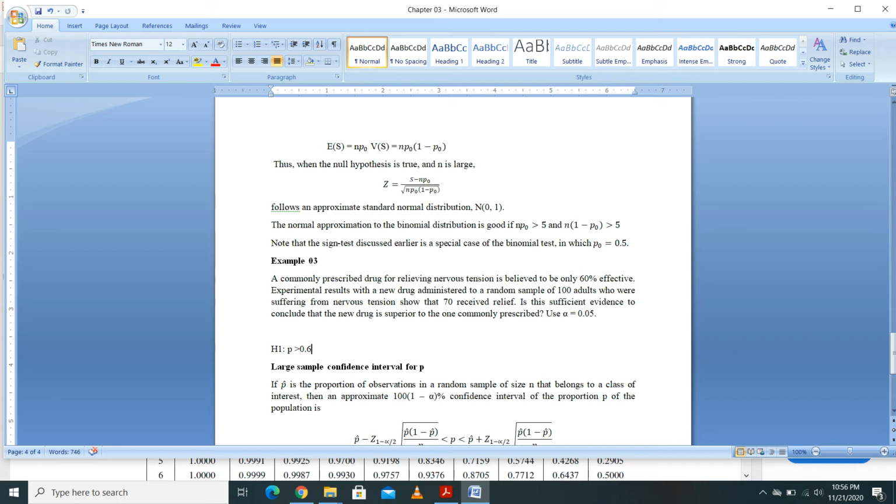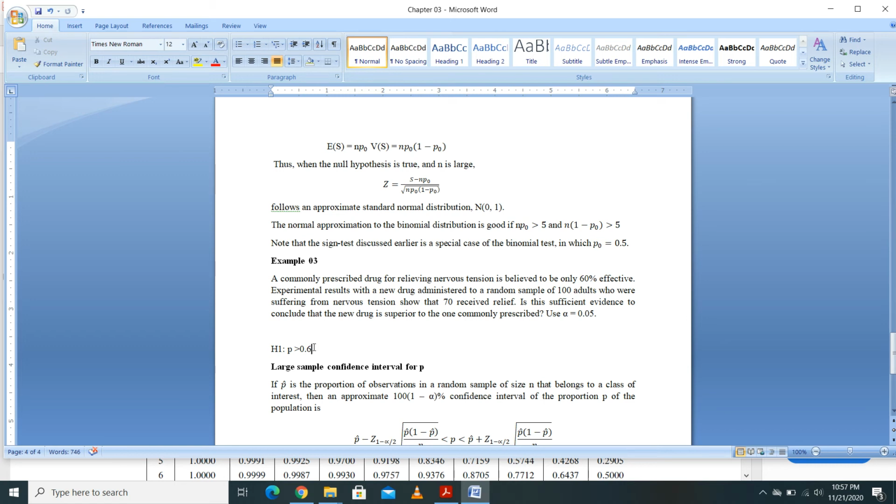Because in the common one already 60% of them get relief. So if the new drug is a better one, it should give better solutions, right? So because of that, the percentage that would get relief should be higher than the common one. So if from the common one 60% get relief and this is superior, the percentage should be higher.